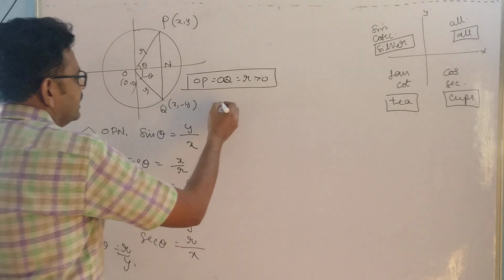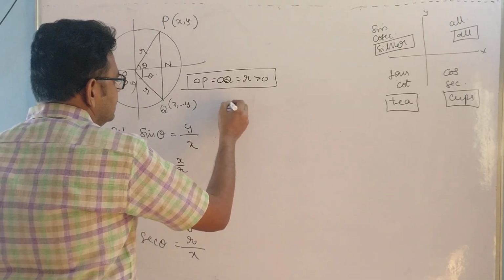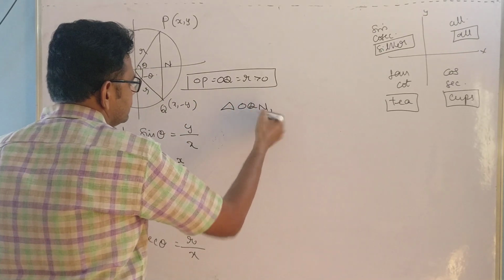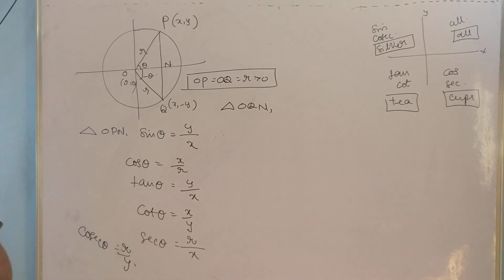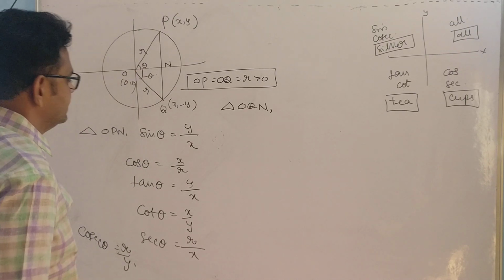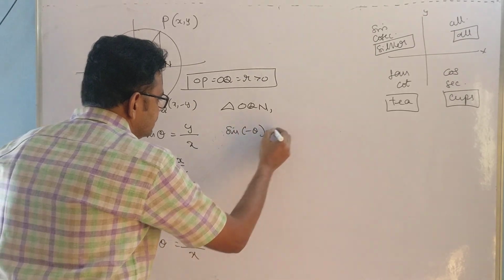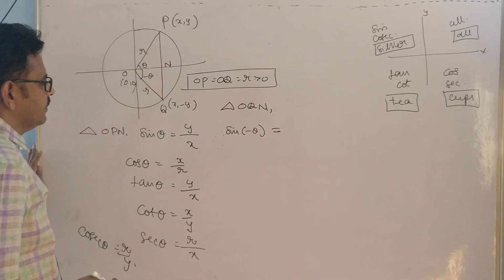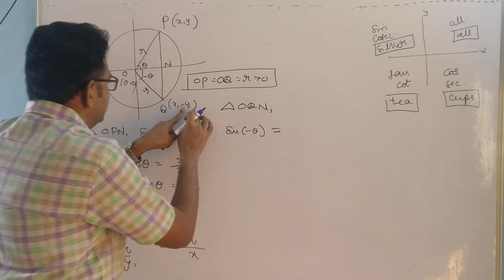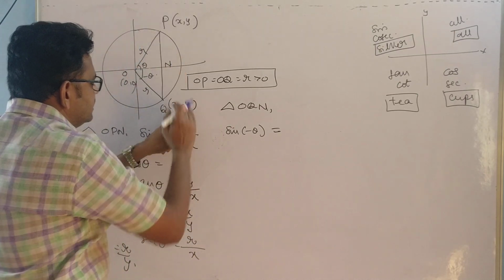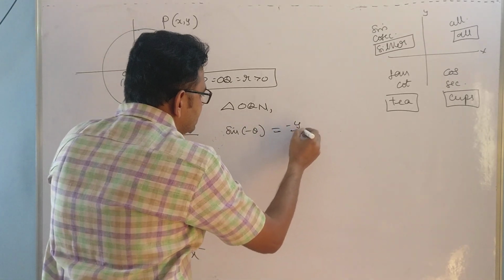Now from the triangle OQN, you can take this triangle. Now this makes an angle minus theta. So sine of minus theta is ordinate by distance. What is the ordinate? You can see this one, minus y by r.